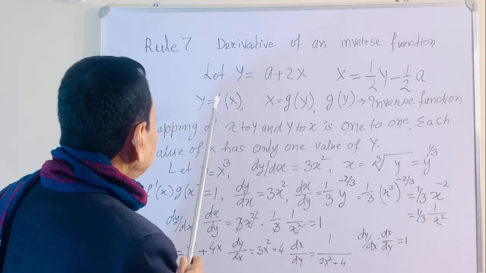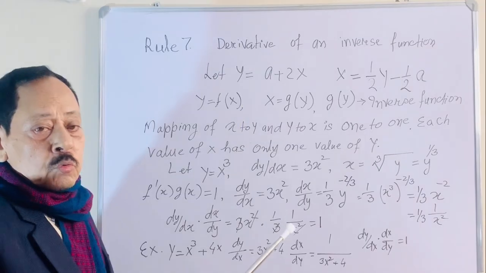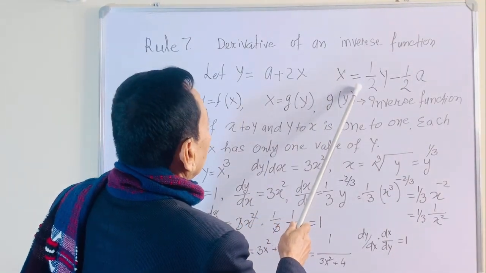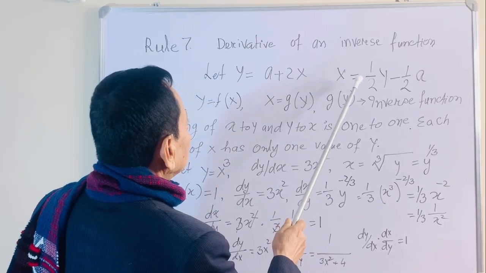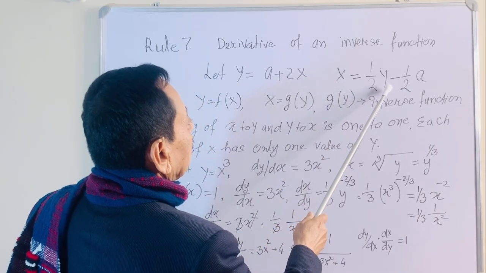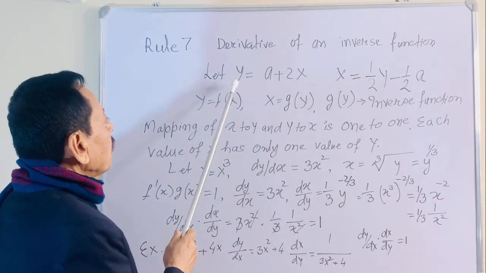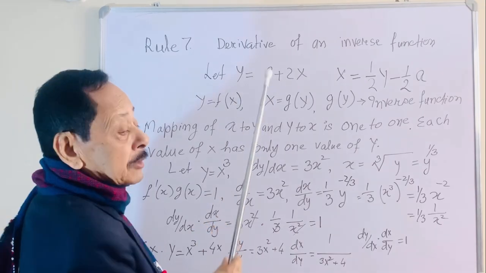So suppose y is equal to a plus 2x, and x is equal to, here you can find out, x is equal to half of y minus half of a. So transfer a to the left side, divided by 2.